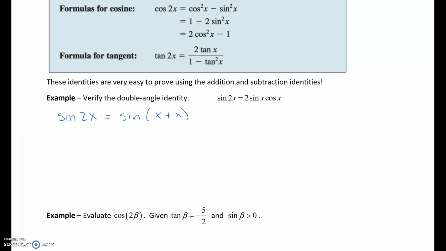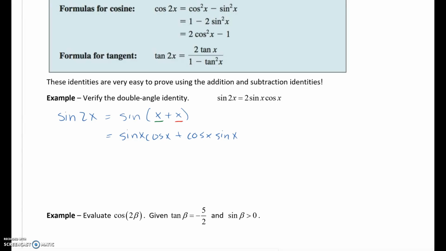So now on our addition formula, this is one of them that we're going to add, and this is the other one that we're going to add, right? So even though they're both x, when we do our addition formula, we're going to use those. So our addition formula is going to be sine x cosine x plus cosine x sine x.